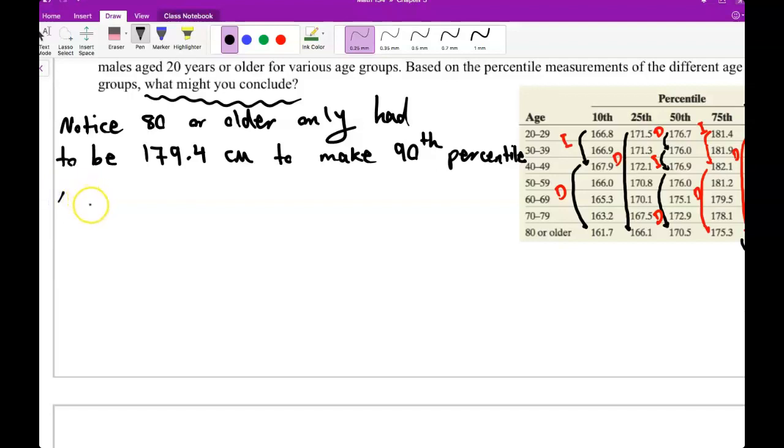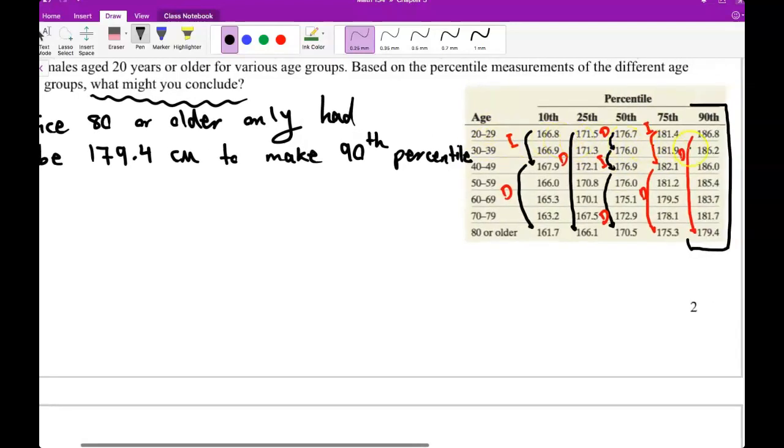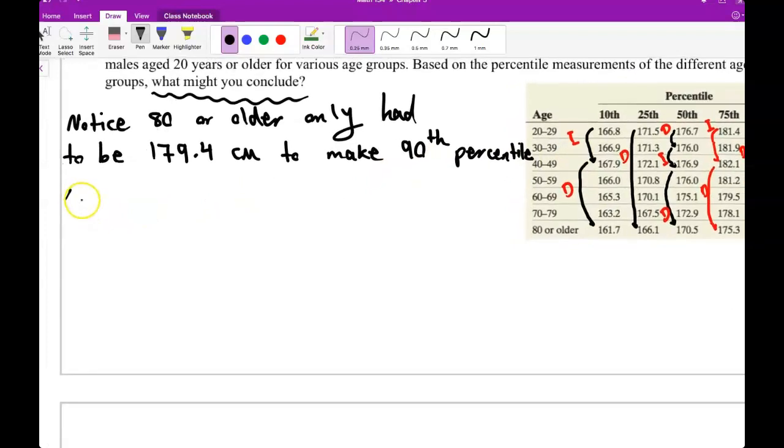But for 20 to 29, for this group, it should be 186.8.